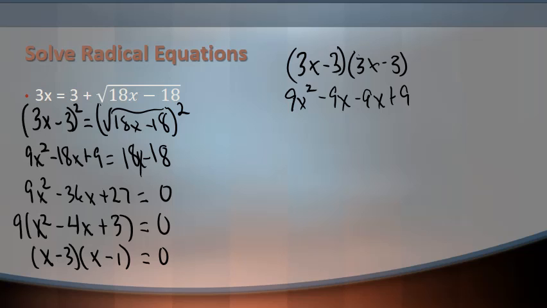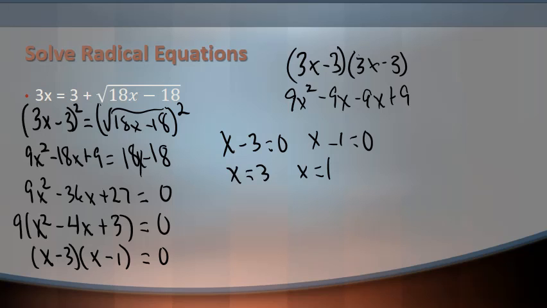All right, so now we're going to set each of these factors equal to 0 and solve. So I got x minus 3 equals 0 and x minus 1 equals 0, and that's going to leave me with x equals 3 and x equals 1.